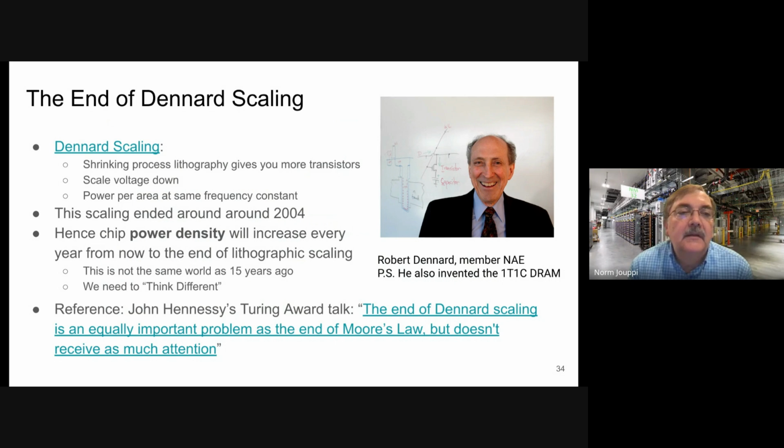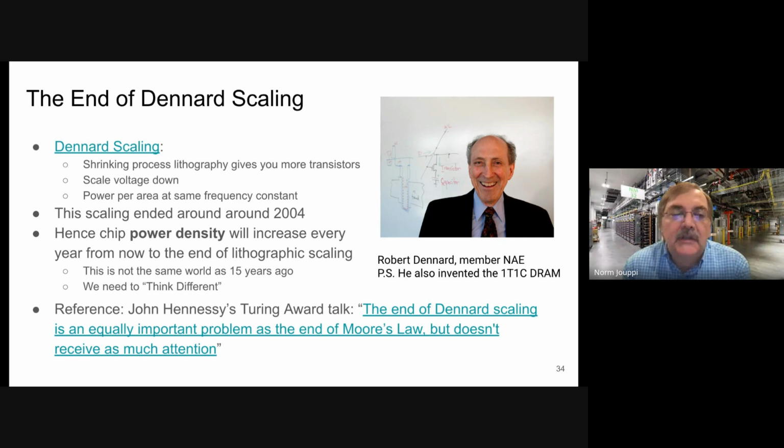So I'm going to take a deep dive for a little bit and talk about where all that power is coming from. Bob Dennard, besides inventing the one-transistor RAM for DRAMs, did some scaling computations, which showed what is now called Dennard scaling.